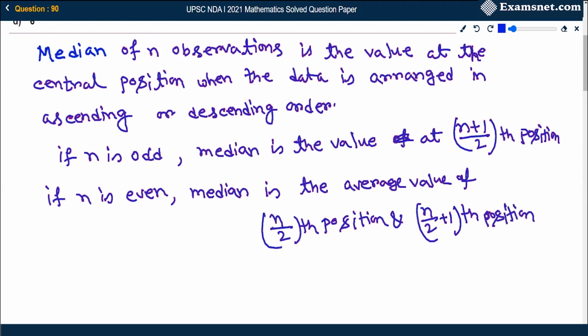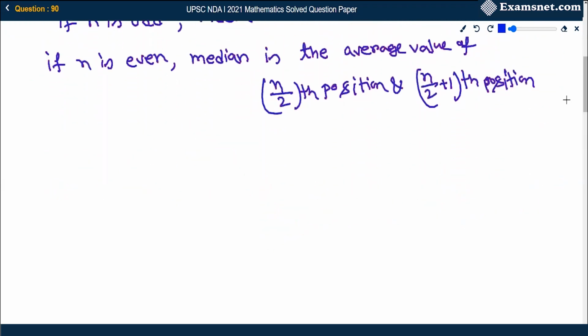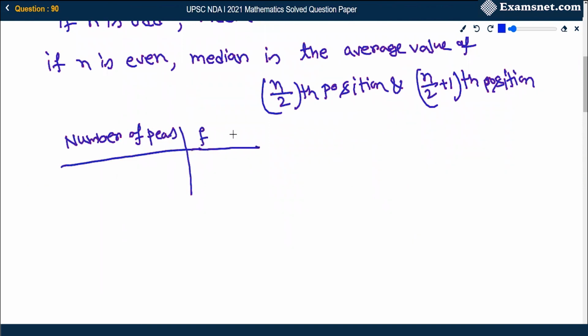So first write the table of cumulative frequency. Here number of peas, frequency, and cumulative frequency. For 1, frequency 4, cumulative frequency is 4.